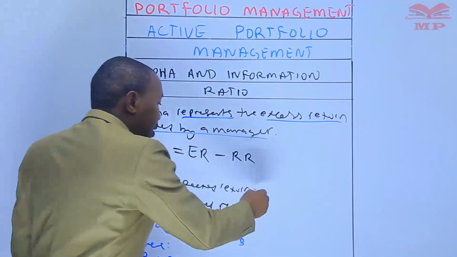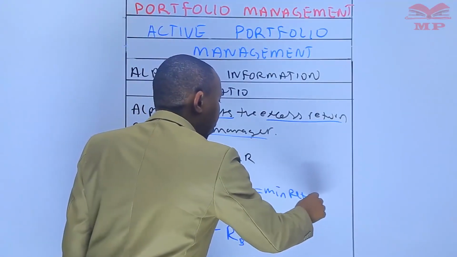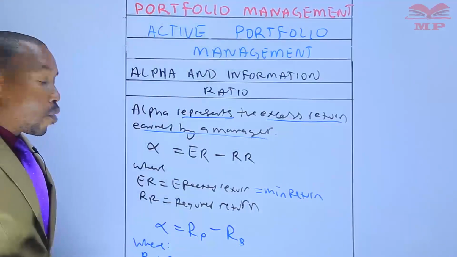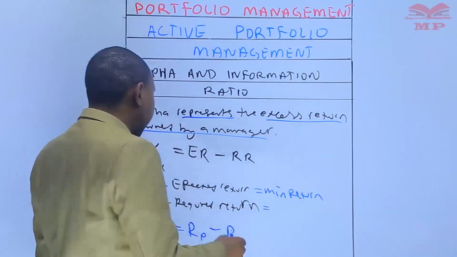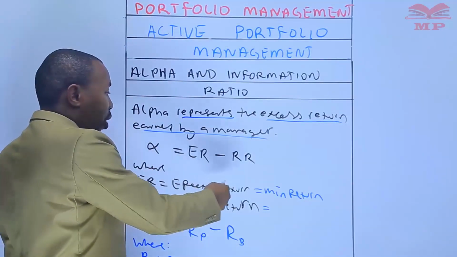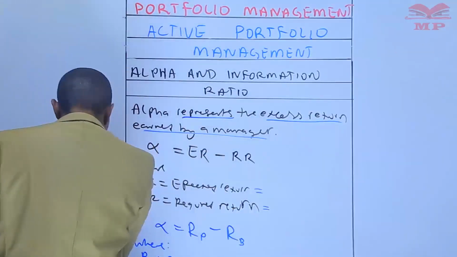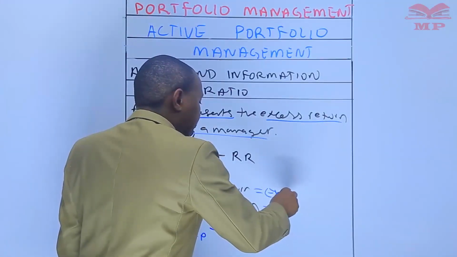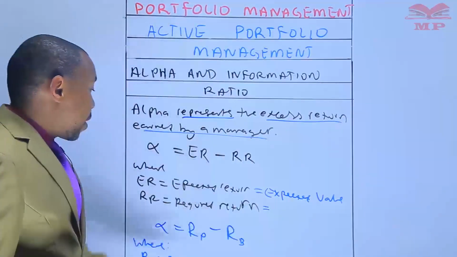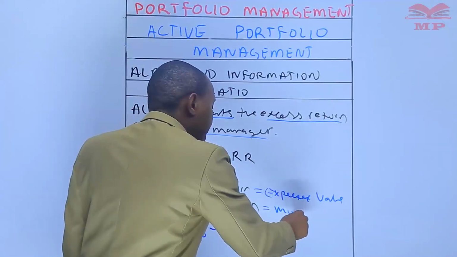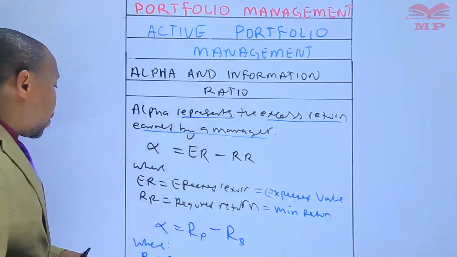Expected return is what the manager expects to earn, the expected value. The required return is the minimum return that the portfolio manager is willing to accept.